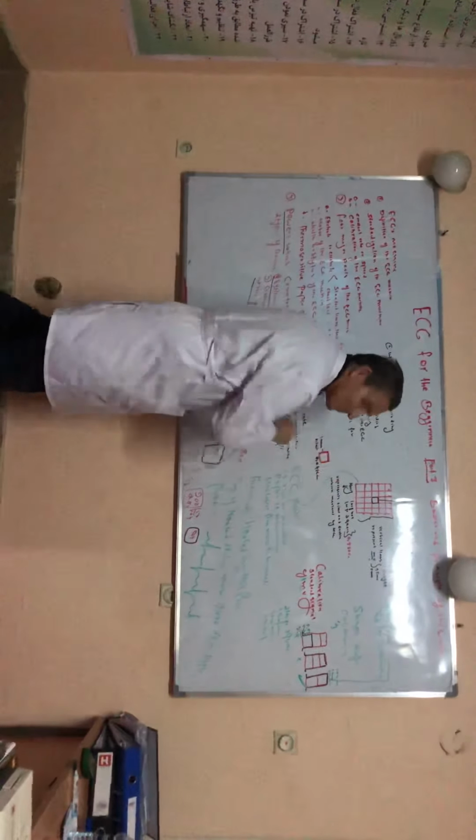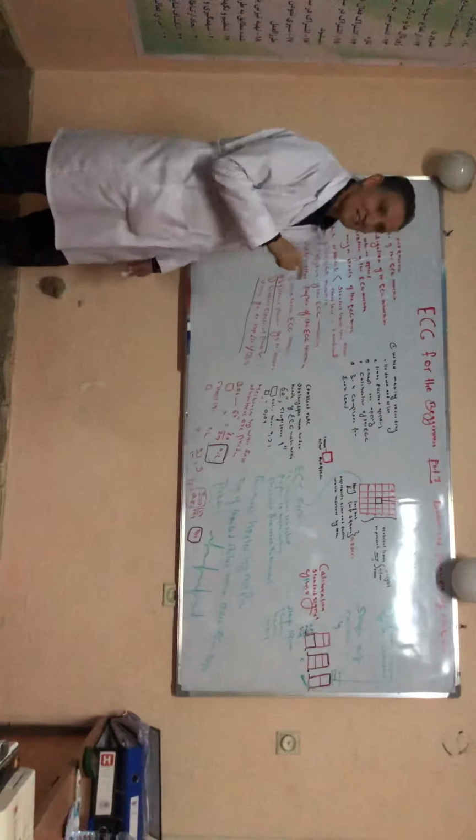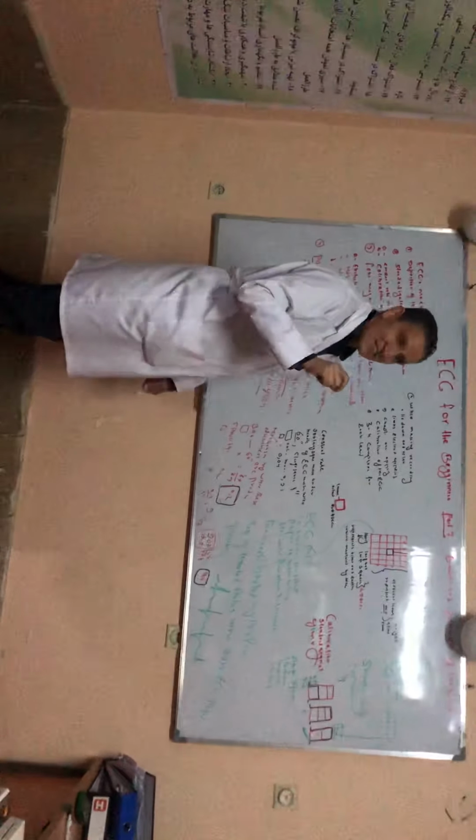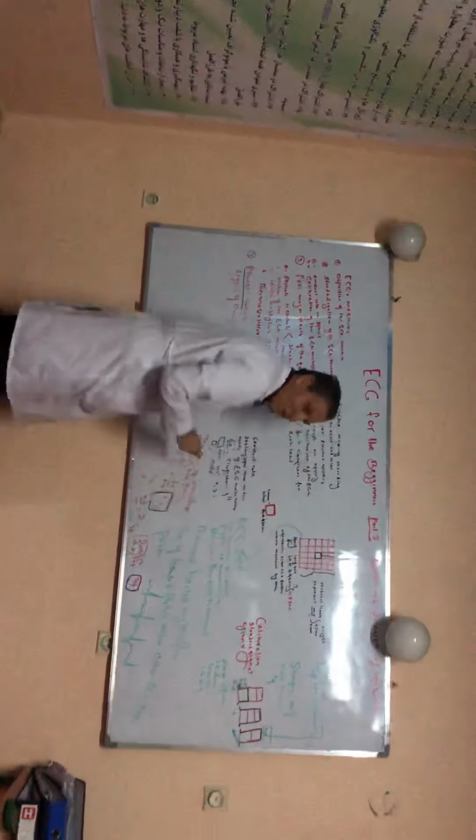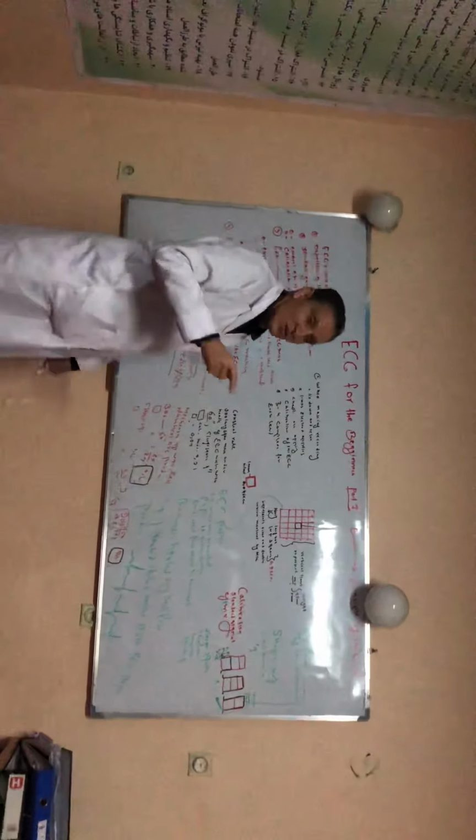As I mentioned before, 300 large squares move under the needle of the ECG machine within 60 seconds. Within 60 seconds, 300 large boxes. How much time is taken by 1 large box to pass under the needle?